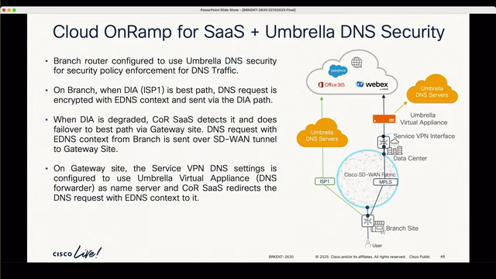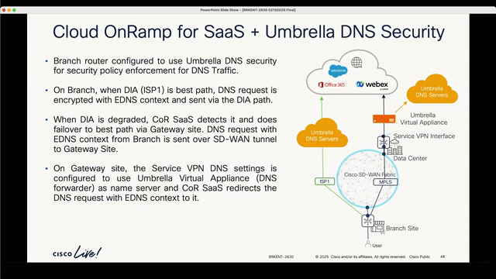Again, from the intent standpoint, if we are not worried about having the DNS security policy enforcement done when the traffic is going over the gateway, you could leave that out, and the traffic would just be handled in the same way that Cloud On-Ramp for SaaS would have handled it when it comes from a remote branch location. Basically, the eDNS context will not be used, and it will just send it to the DNS server that is configured on the gateway and resolve it there.